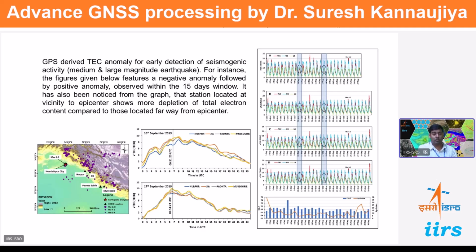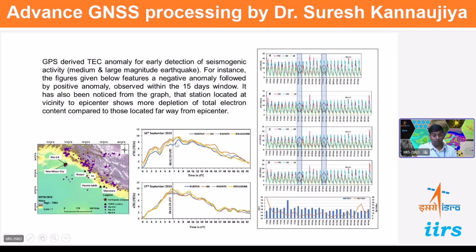So these are some of the case studies where we have successfully detected the TEC anomaly before the occurrence of the Mirpur earthquake of 6.6 moment magnitude. All these four stations are located at different distances from the earthquake and have different TEC values.